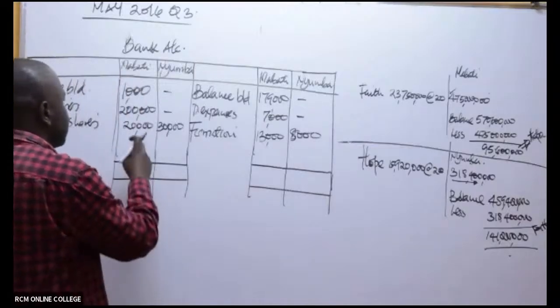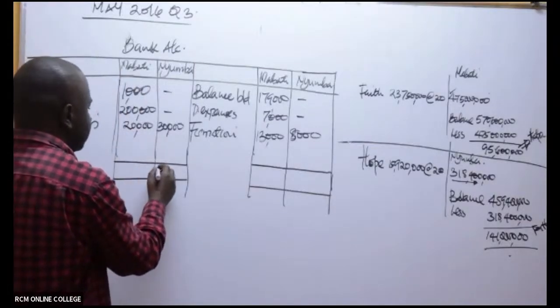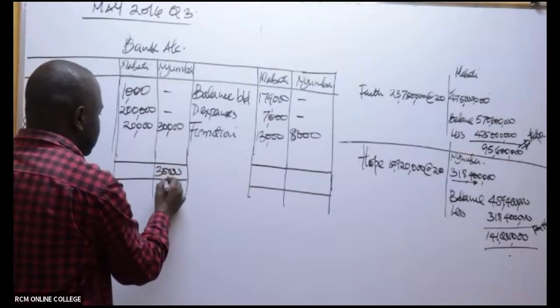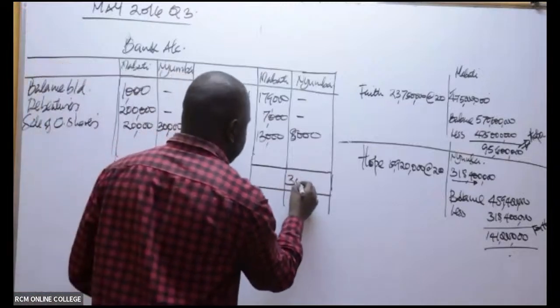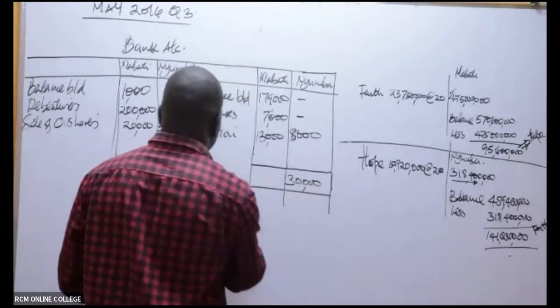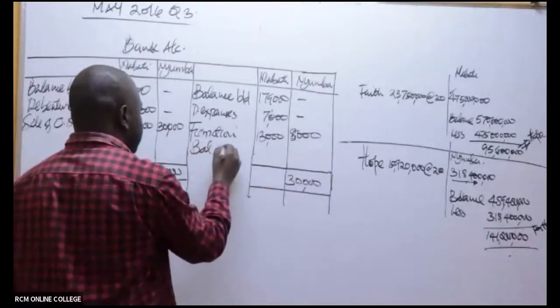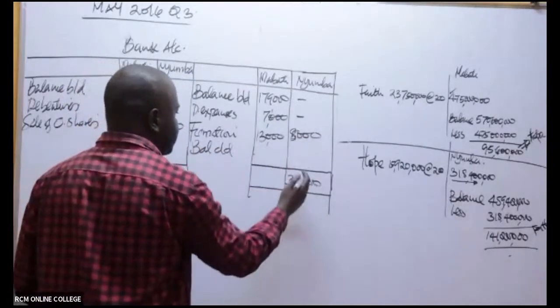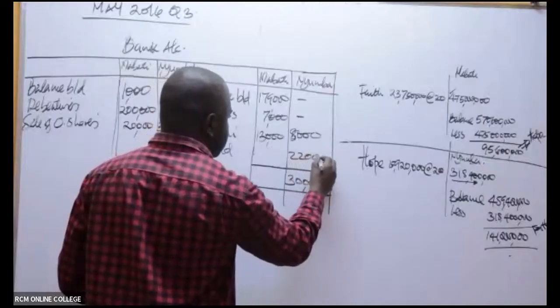So in this case, you can get the totals. I think the total here is 30 million. And of course, now the balance carried down. If you take 8 from this, you get 22 million.